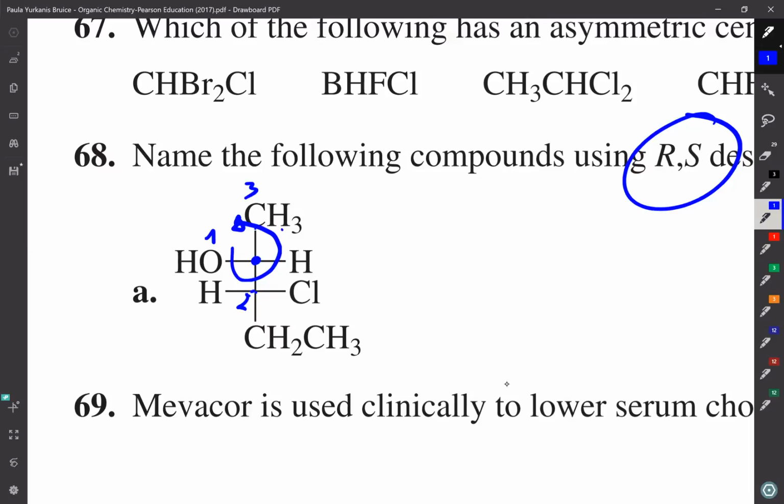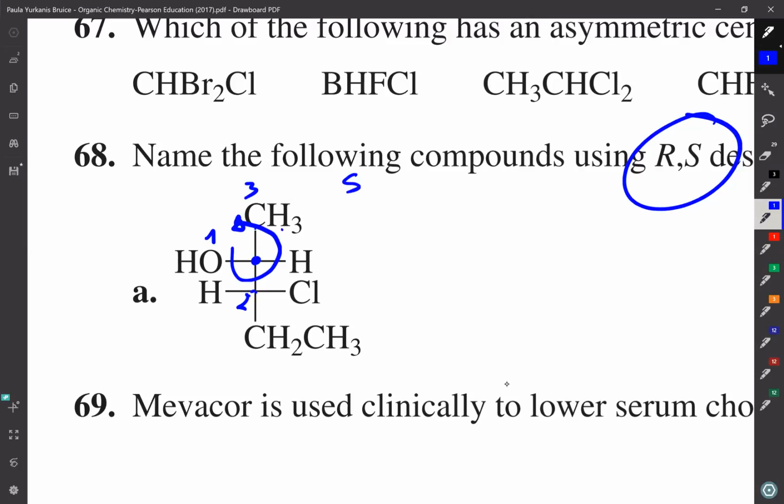Sometimes I don't know, right? So this is counterclockwise. This arrow is traveling in the counterclockwise direction. Because the arrow is traveling counterclockwise, this will be referred to as an S. Does that make sense? This will be an S configuration.